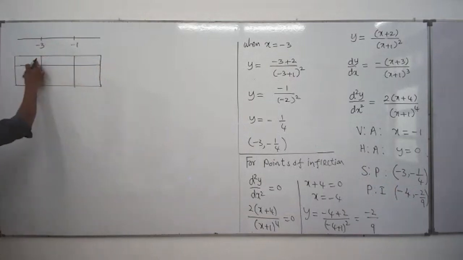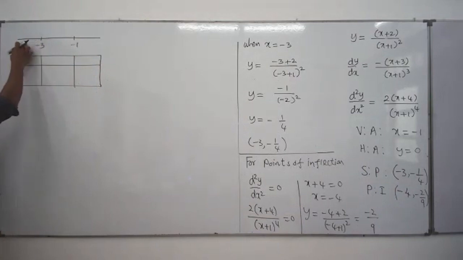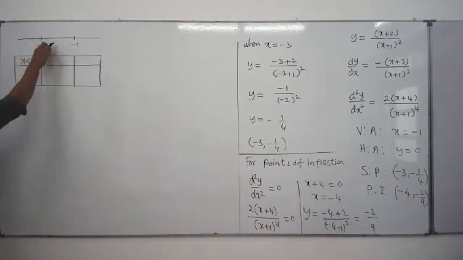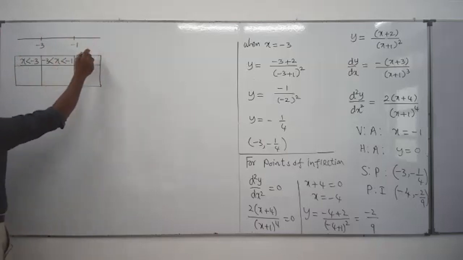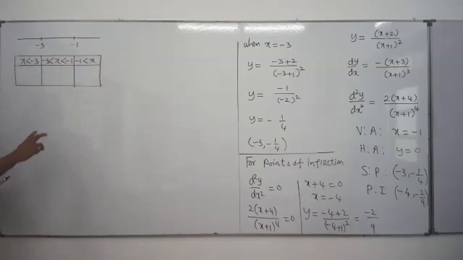In the table, this interval, left of -3, that means x less than -3, is this. This interval, x greater than -3, less than -1. This interval, x greater than -1. Here the important thing is, people, on either side of this vertical line, we have -3, -3, -1, -1.